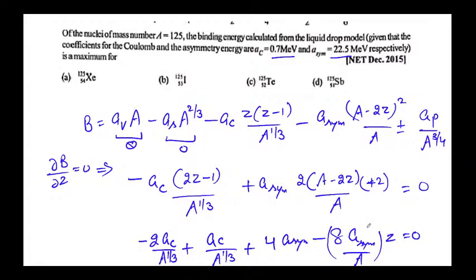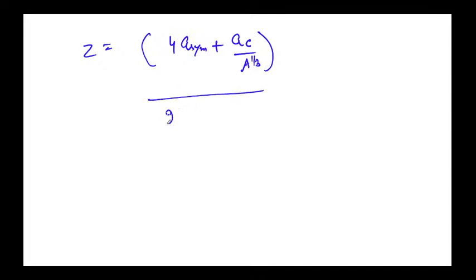Solving for this, Z is equal to 4 times the asymmetry term plus the Coulomb term over A^(1/3), over 2 times a_c over A^(1/3) plus the asymmetry term over A.